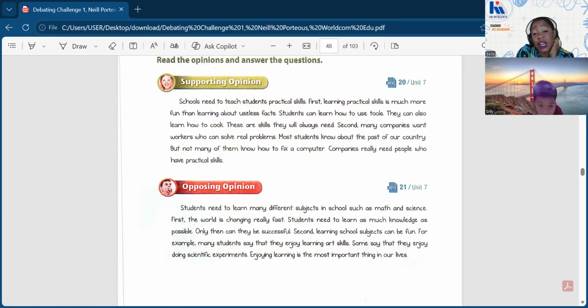Circle the main idea in the supporting opinion and the opposing opinion, and then underline the supporting ideas in the supporting opinion and the refuting opinion. Let's go, Billy.